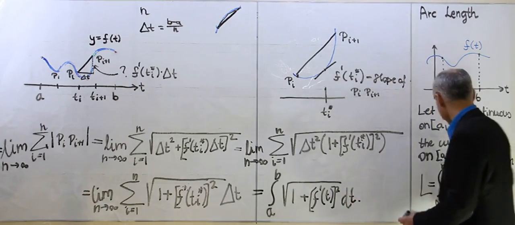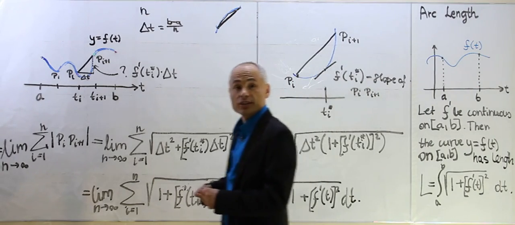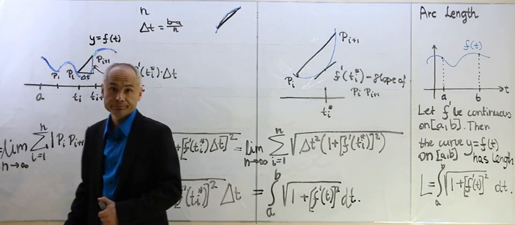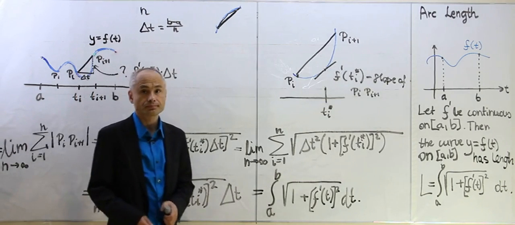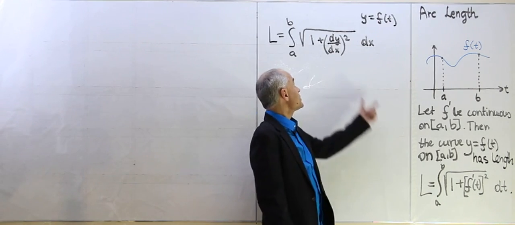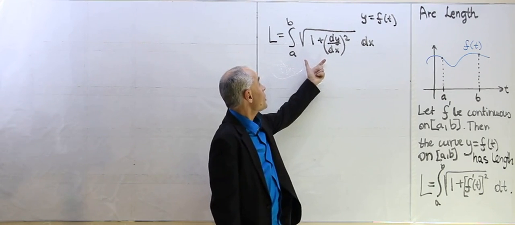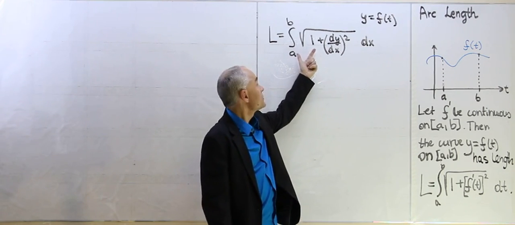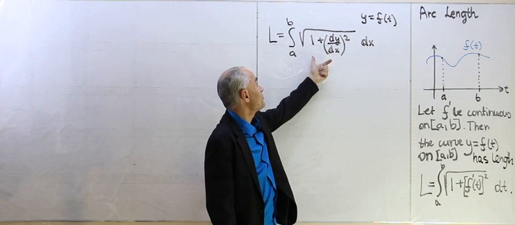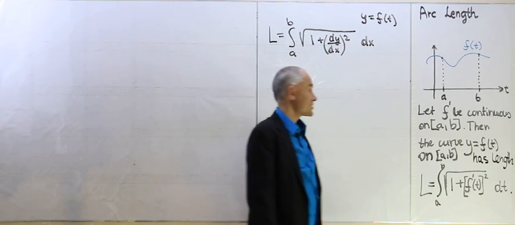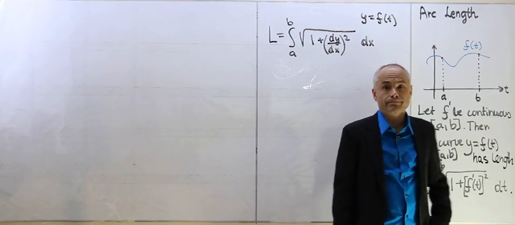But that's exactly the formula that I introduced in the beginning of the lecture. In Leibniz notation, the arc length formula becomes the integral from a to b of the square root of 1 plus dy by dx squared dx.